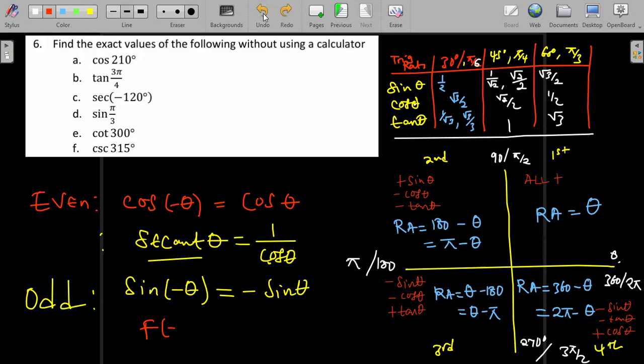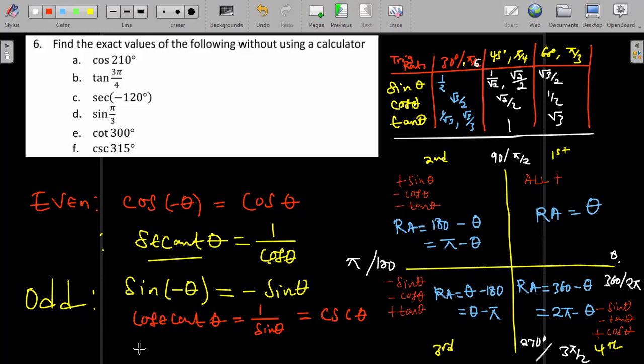And it will be the same situation when you talk about the tan. Any other function that comes from the sine, for example the cosecant theta, which is just 1 over sine theta, will also be odd. Some people write this cosecant as csc theta.